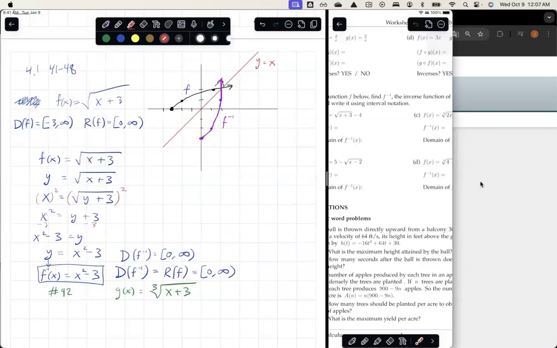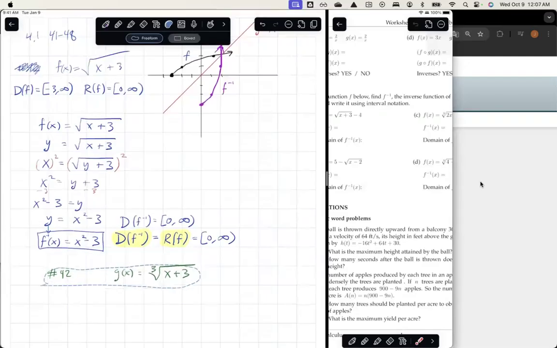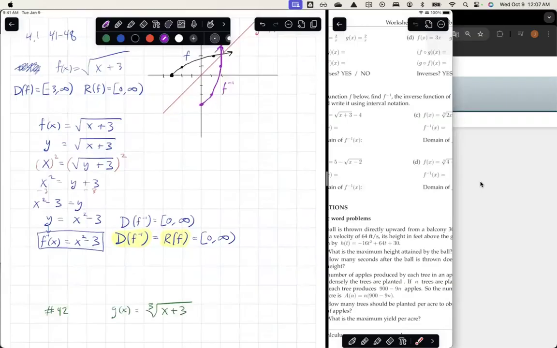All right, so one nice property is that the domain of an inverse function is equal to the range of the original function. And it's also true if we wanted to find the range, which we're not asked for in this problem, but we'll just do it anyways. What's the range of the inverse function?